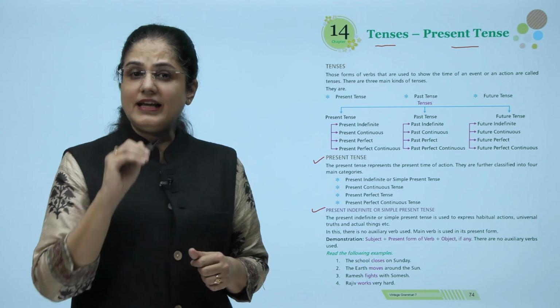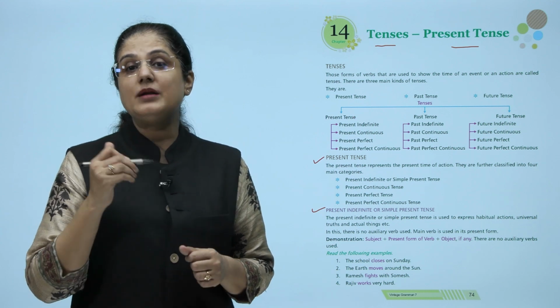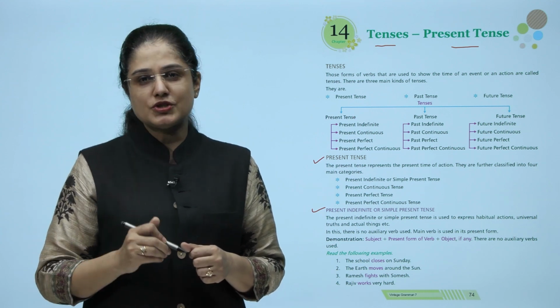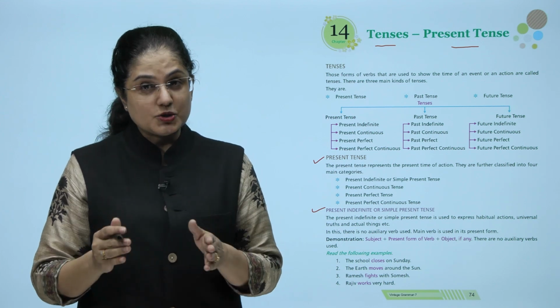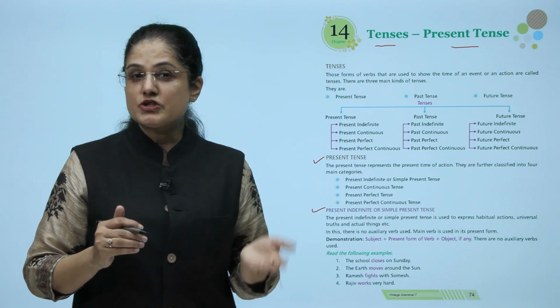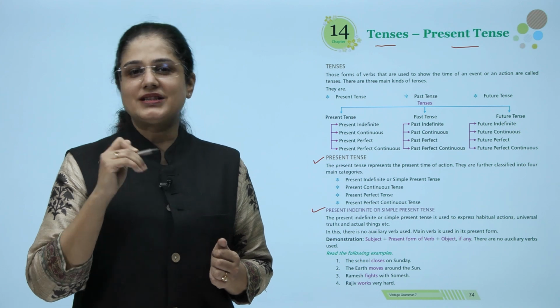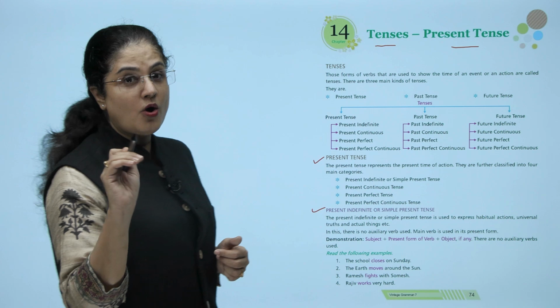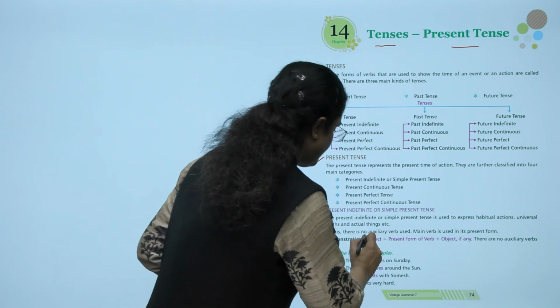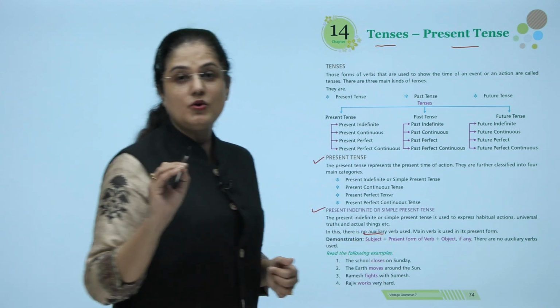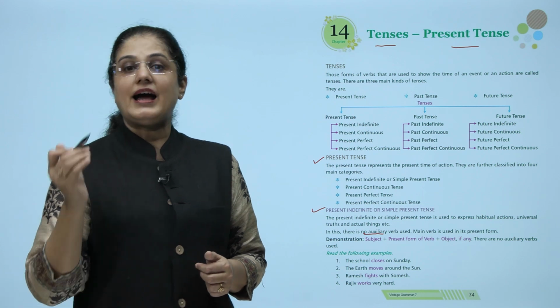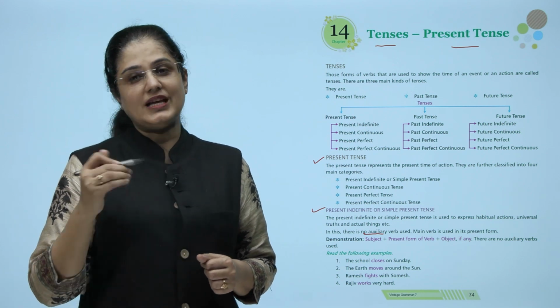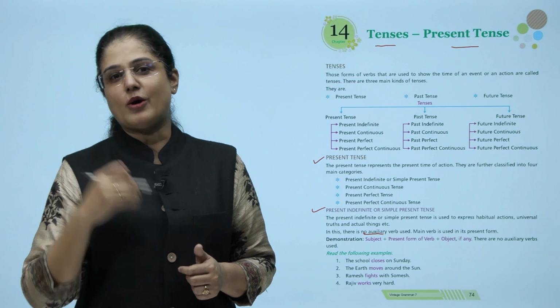The present indefinite or simple present tense is used to express habitual actions, universal truths, and actual things. In this, there is no auxiliary verb, and the main verb is used in its present form.